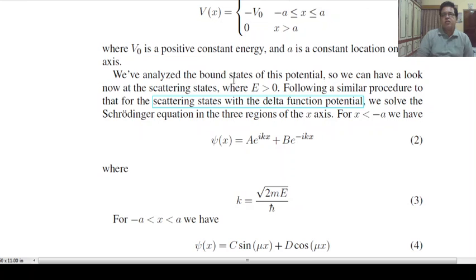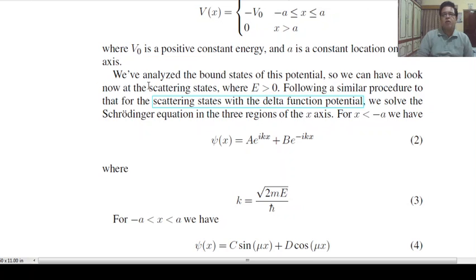We have analyzed the bound states of this potential. Now we can have a look at the scattering states. Scattering states mean that the energy is positive; for bound states, the energy is negative.